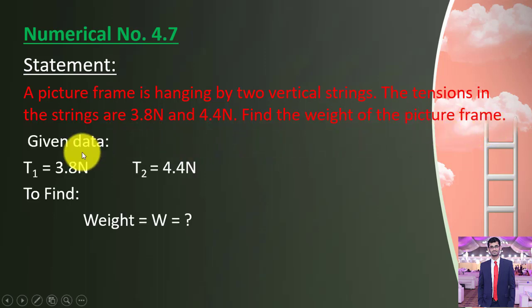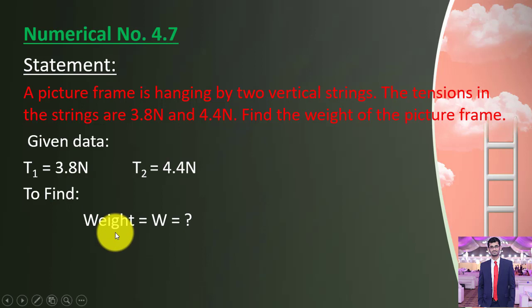Given data is tension in the first string T1 is equal to 3.8 Newton and tension in the second string T2 is equal to 4.4 Newton. We need to find the weight of the picture frame.